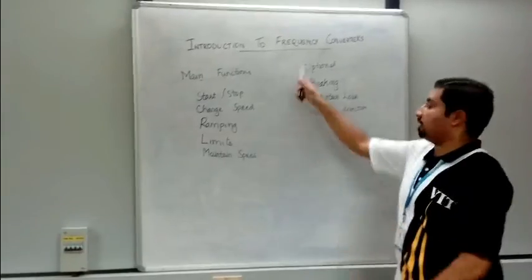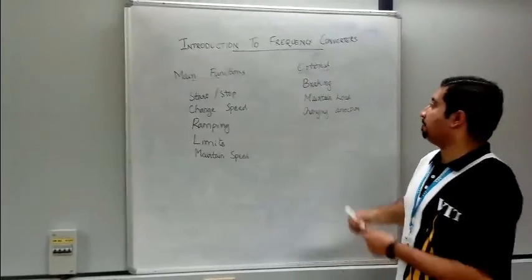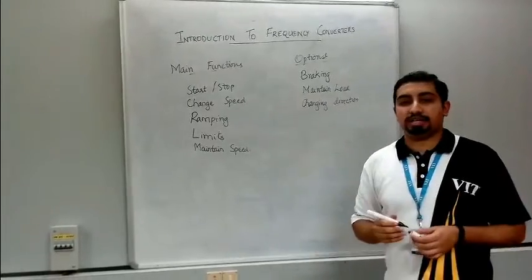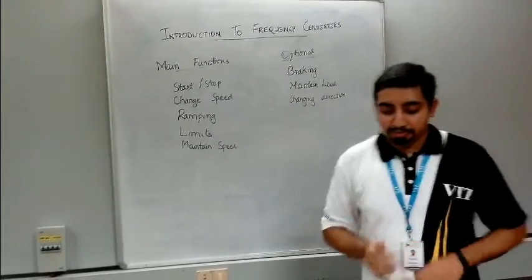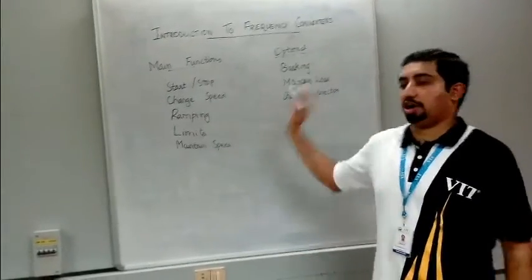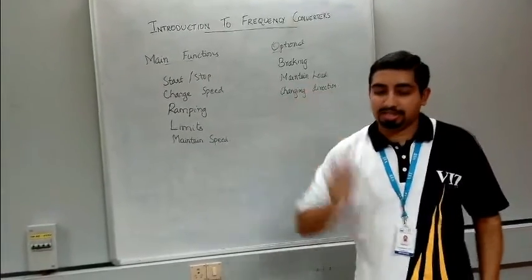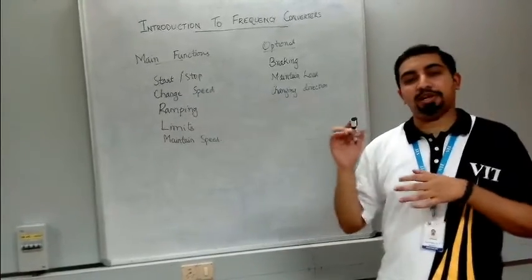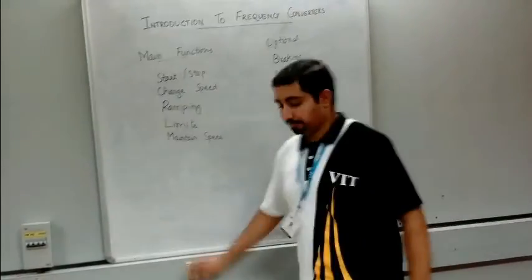These are some of the optional functions in a practical frequency converter. Now all these functions can be disabled, and only the functions that are necessary can be considered. Now we understood about the functions, we understood about the necessity of a frequency converter. Now we will get a brief idea of how a frequency converter or a VFD works.